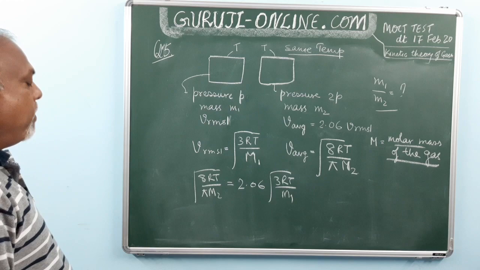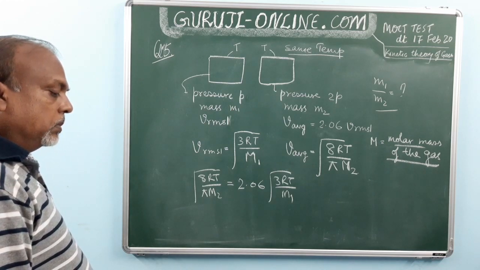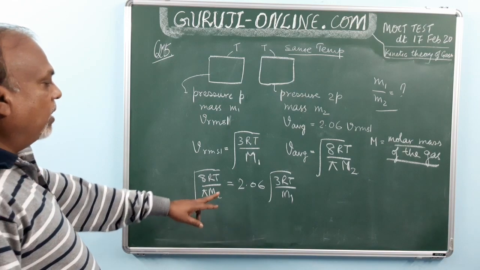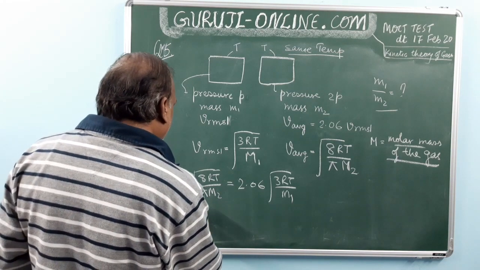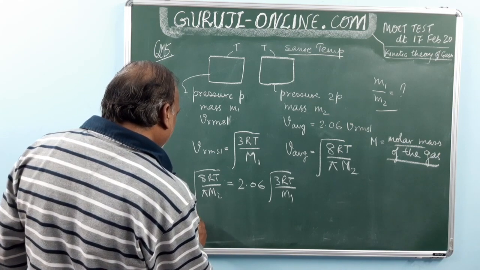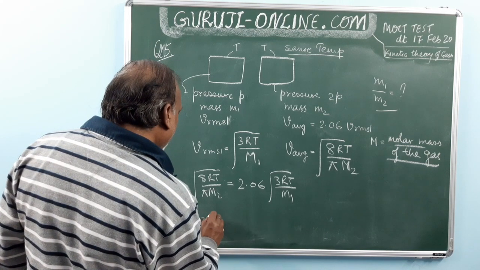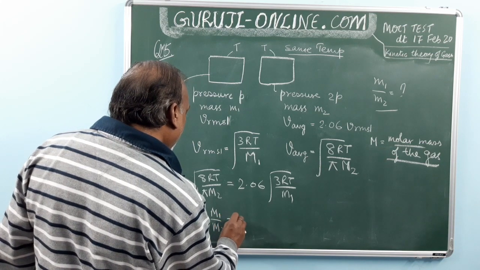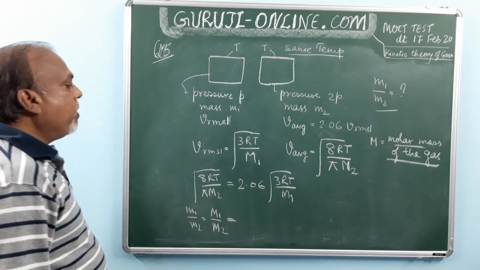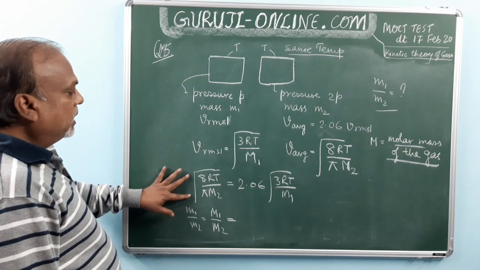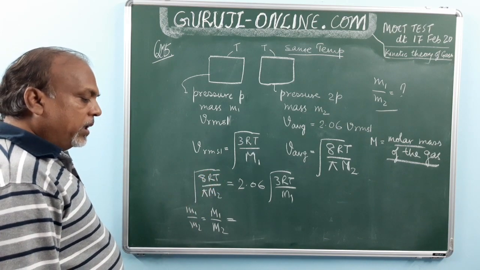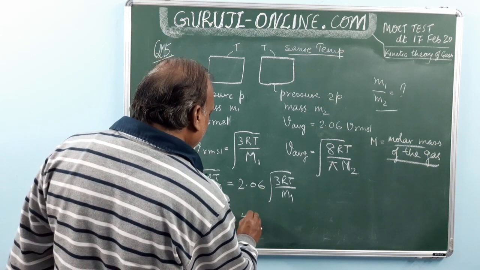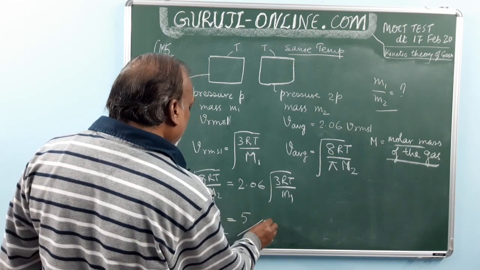Correct? Now, when you solve this, M1 upon M2 will come as 5.